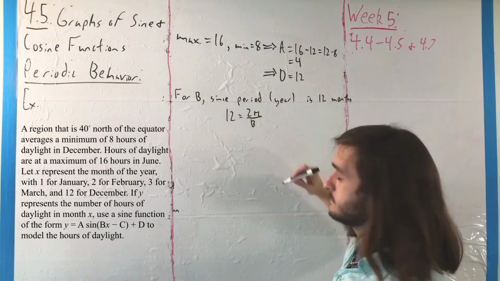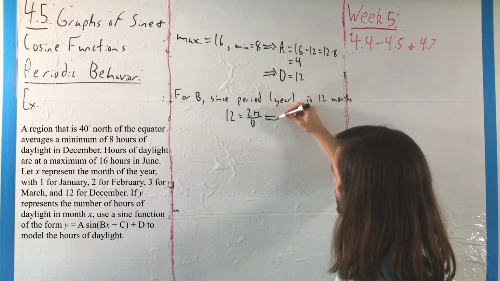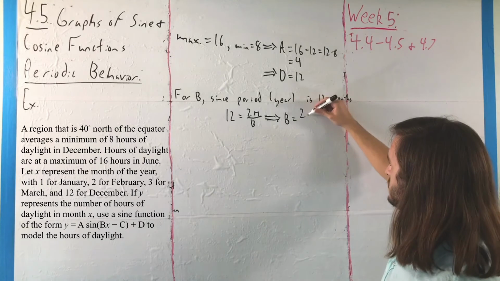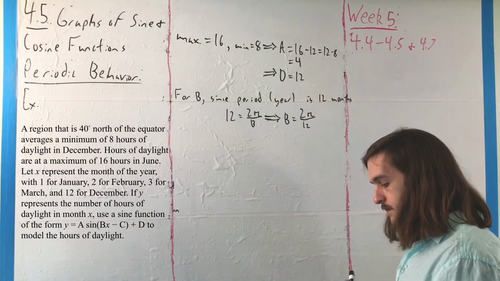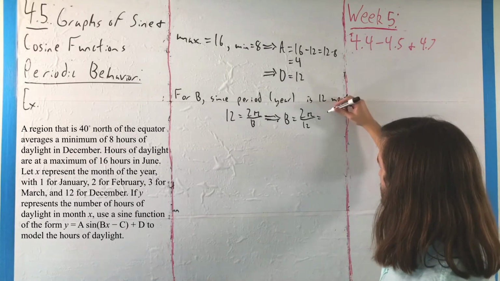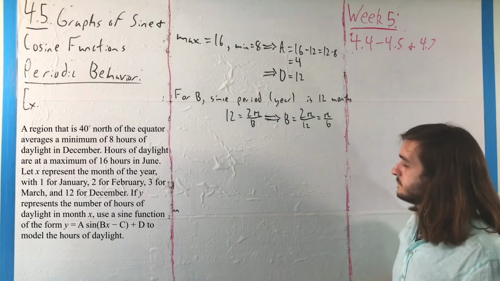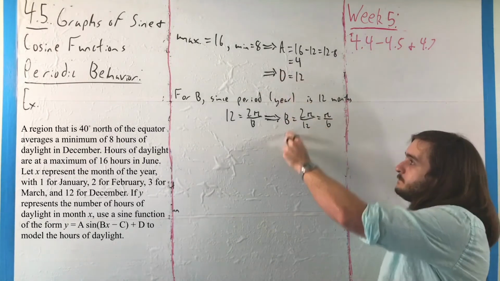Multiply b over, divide by 12, and what we'll end up with is that b is equal to 2 pi over 12, or pi over 6.